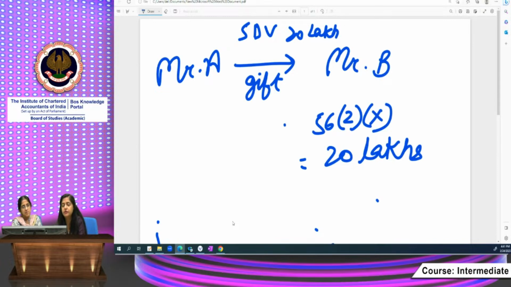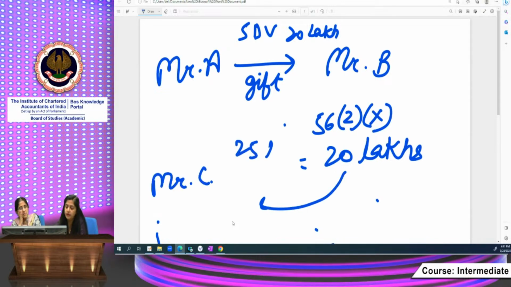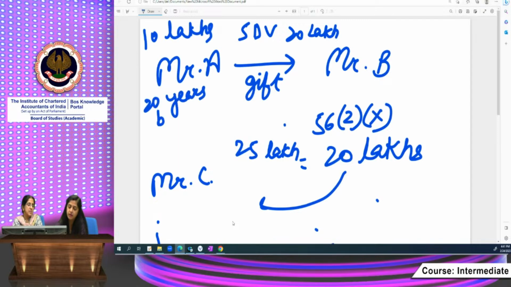would be chargeable to tax in the hands of Mr. B under section 56(2)(x). In that case, suppose Mr. B then transferred this property to Mr. C, suppose for 25 lakh. And in the hands of Mr. A, the cost was 10 lakh. He purchased it long back, suppose 20 years back, for 10 lakhs.